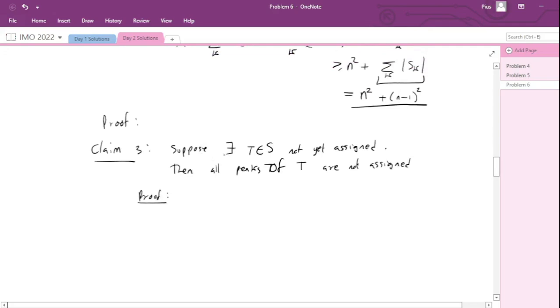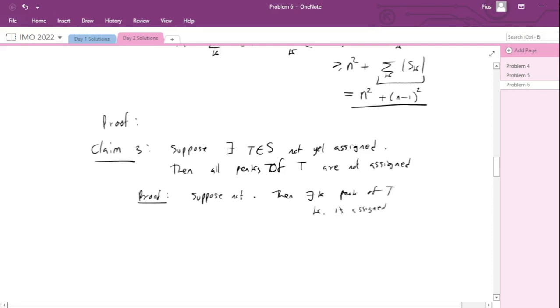So this means that if we take it backwards, if there were a square that's not yet assigned, then all the peaks of T are not assigned, because suppose not, then there's this K that's a peak of T, and then K is assigned, and what I just said will follow.